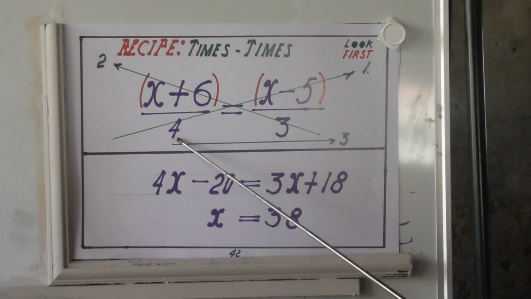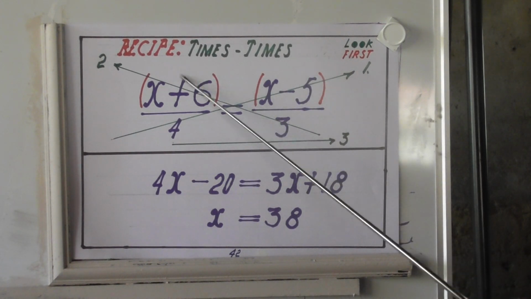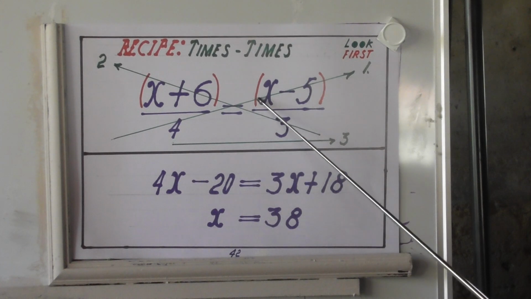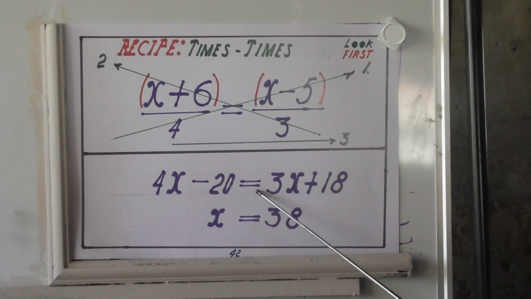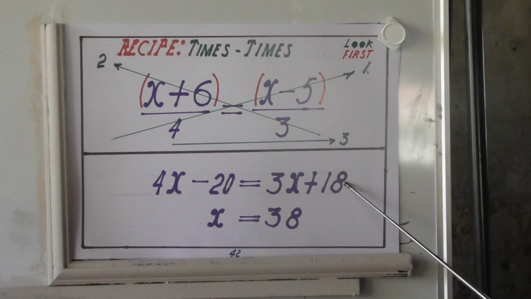So we start writing times, times, times. 4x negative 20 equals 3x positive 18, and so 4x negative 3, this goes to that side, so that becomes x, and positive 20 and positive 18 is 38.